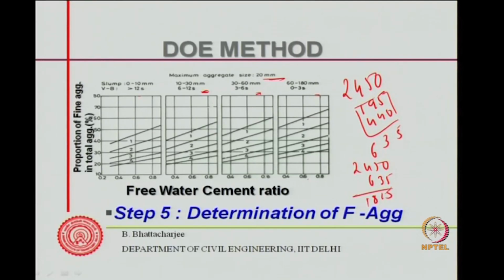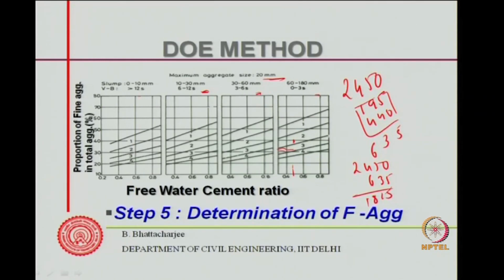Supposing my slump is 60 to 180 and I am using 20 mm aggregate, and my water cement ratio is 0.45 or something, and I have got a zone 3 sand, or zone 3 or zone 2 sand, somewhere here. So I know it is about 30%, let us say, by weight.